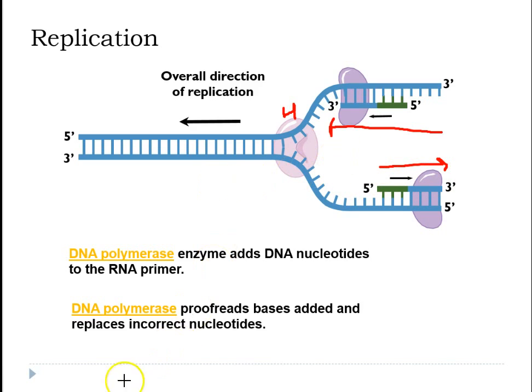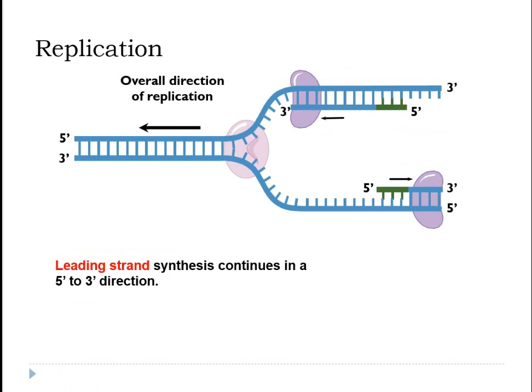So as the helicase keeps continuing on its direction, this polymerase is starting to fill in the gap. He's lucky. He could just follow the helicase, no interruptions. He's just going to wait for it to open up and keep following it, no problems. This guy can only do 5 to 3.